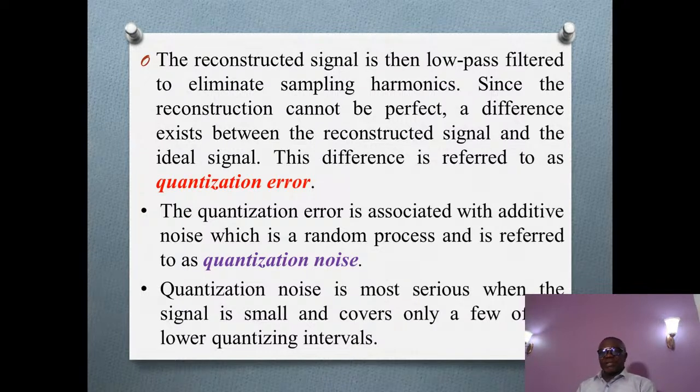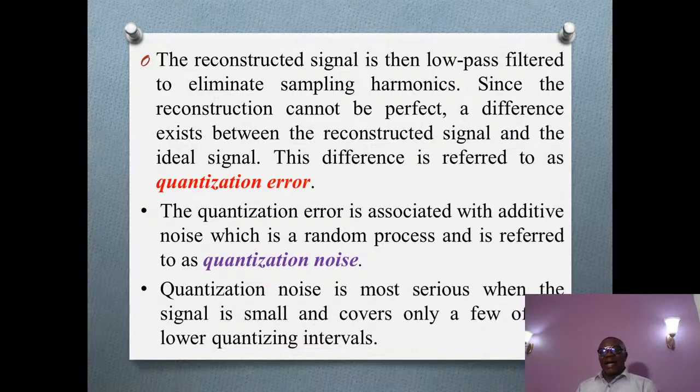Because it is not exactly what was fed in, it becomes an error. That error you call quantization error. But because this error is cumulative, it occurs at every point you are reconstructing.